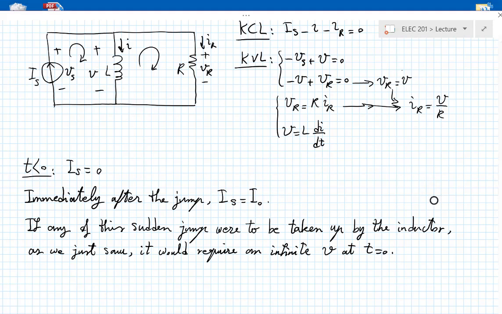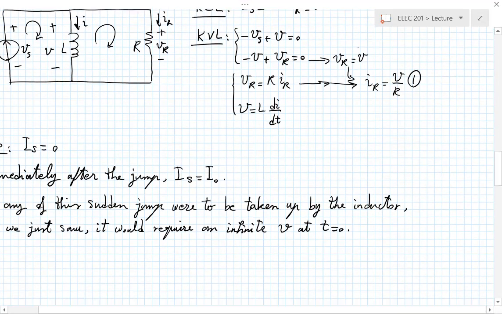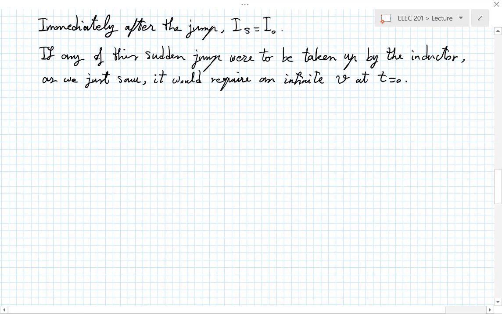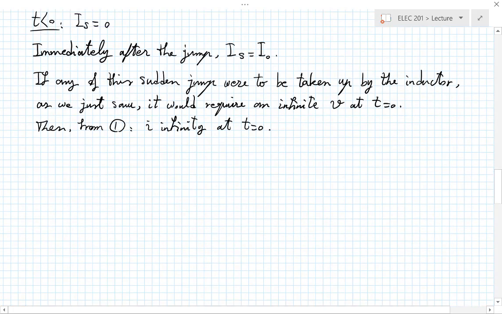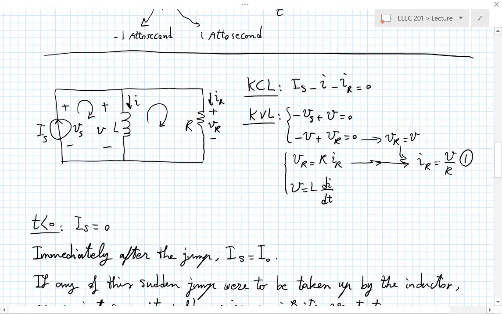So if we call this equation 1, then from 1, we would have IR infinity at t equals 0. Now, if IR is infinity, we called it IR.